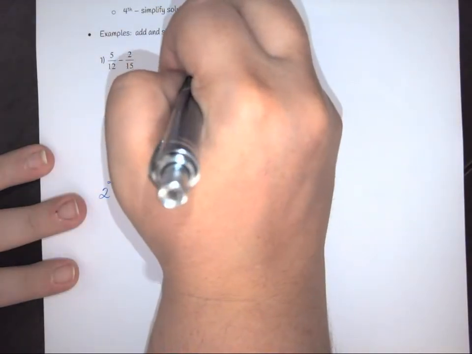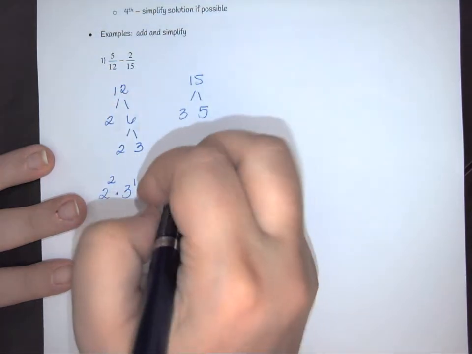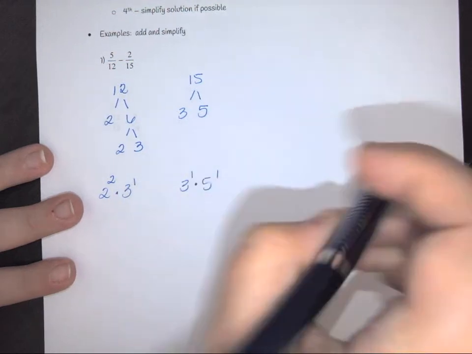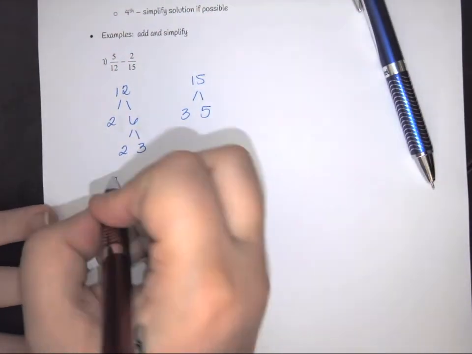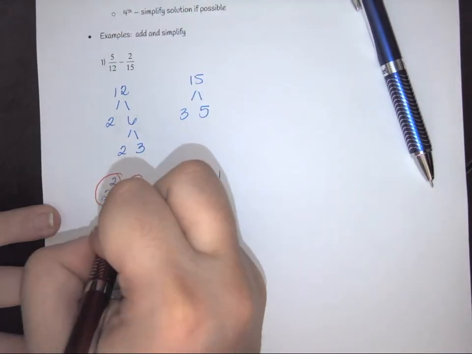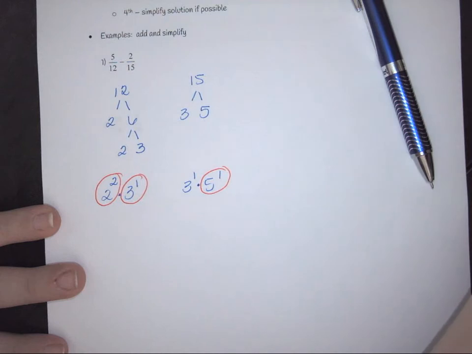And then I have 15, which breaks into 3 and 5. So I have 3 to the first times 5 to the first.